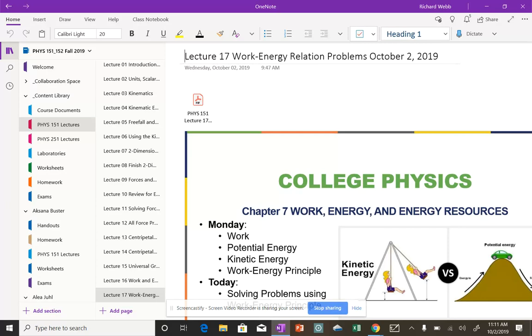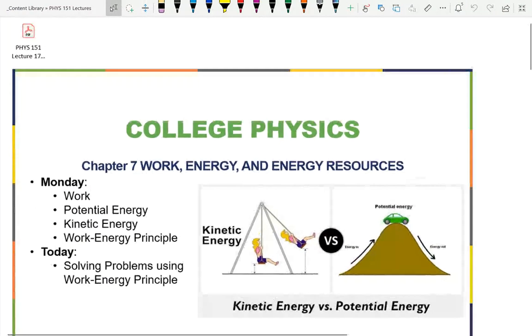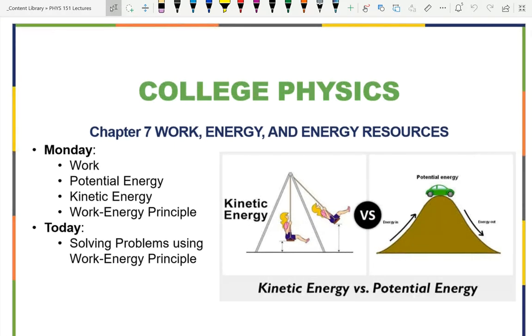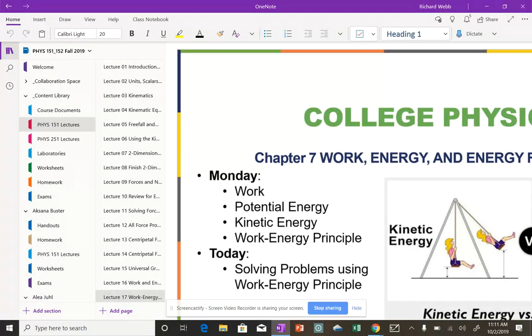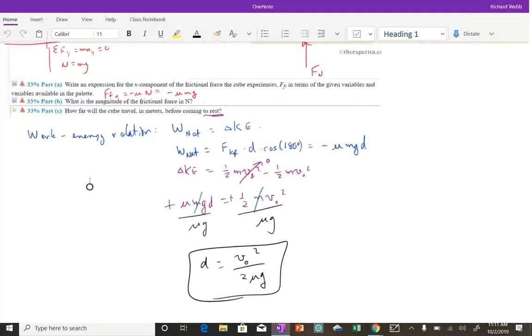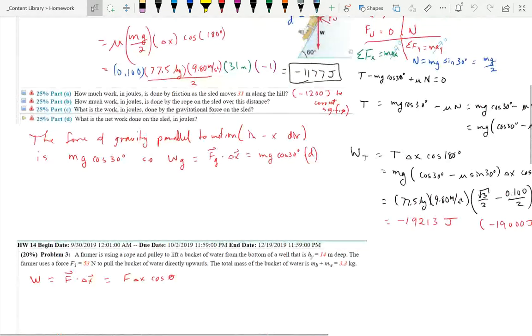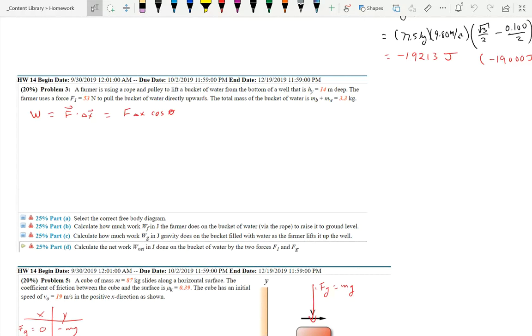Yeah, for the homework problem 3, part C, I was confused as to why we weren't multiplying our MB plus MW just by gravity, and then adding that to what did we add?